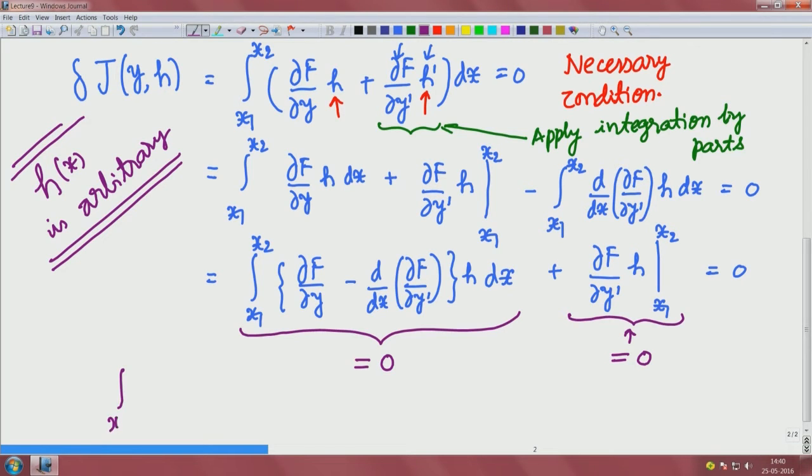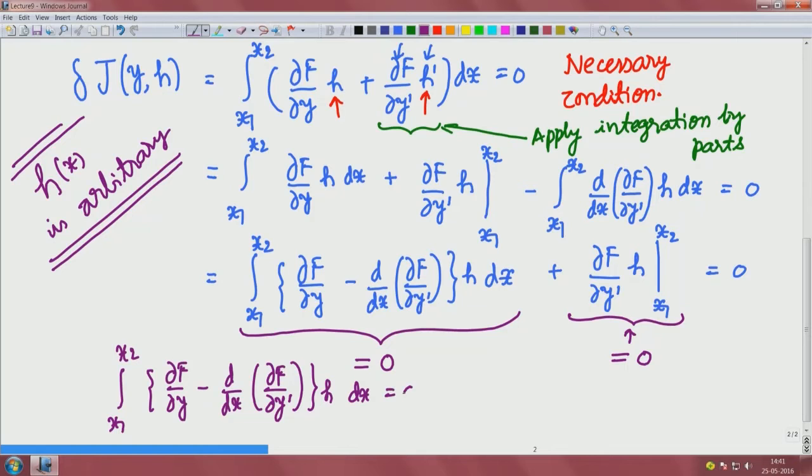So, from here we write, integral with limits x1 to x2 of this integral, dou f by dou y minus d by dx of dou f by dou y prime, multiplied by h dx is equal to 0, and we write something that is 0: dou f by dou y prime into h at the limits x1 x2 is equal to 0.